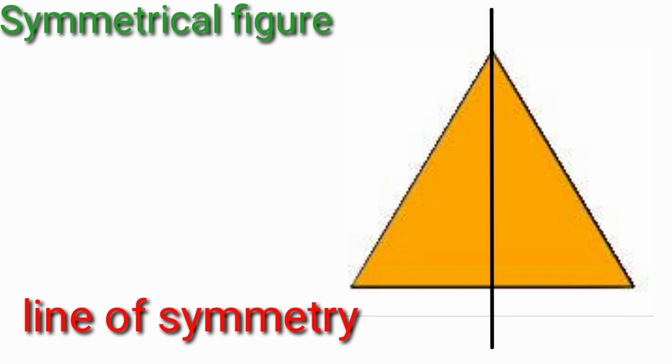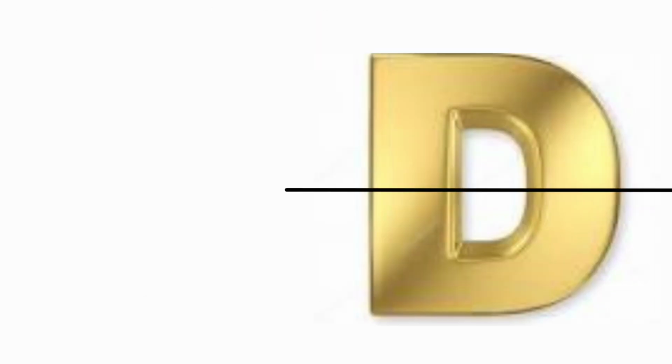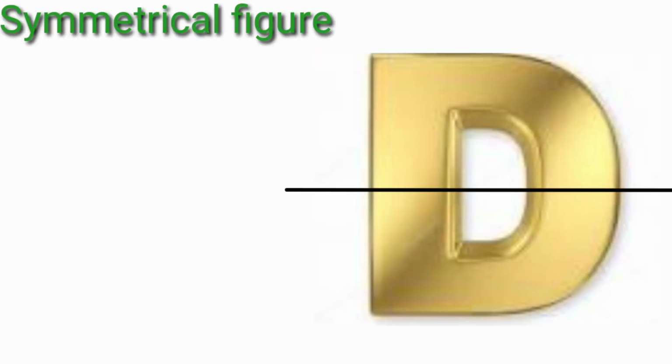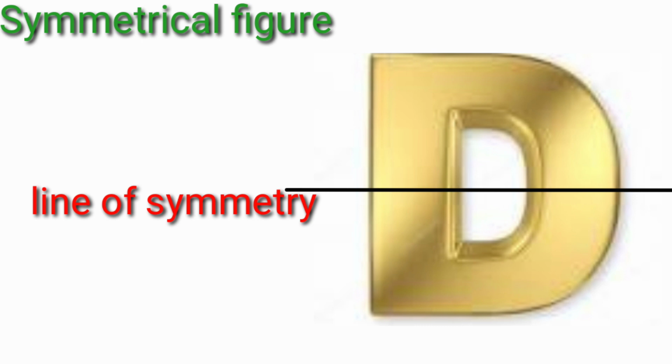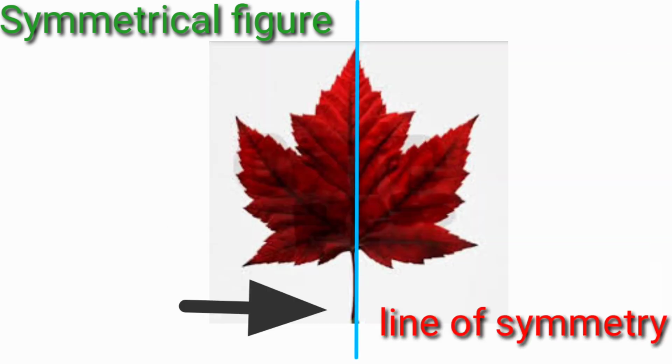So these images are symmetrical figures. We know that the line that divides a symmetrical figure into two parts that are exactly the same is called the line of symmetry. These are all examples of symmetrical images.